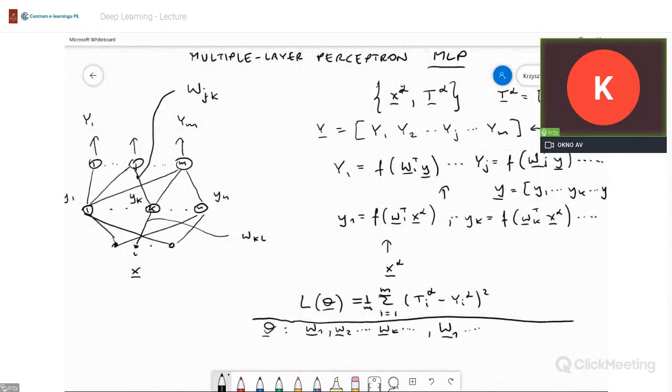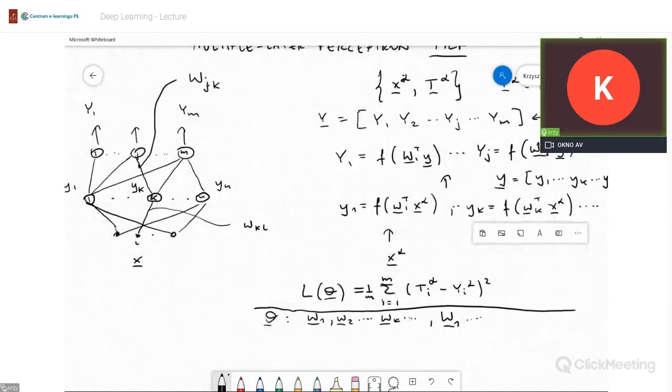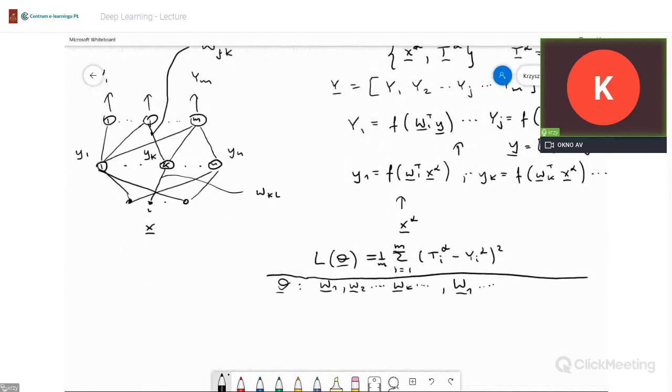I need to derive a function that will evaluate how well my algorithm performs, and my algorithm is parametric. So this objective function, this loss, also depends on parameters.